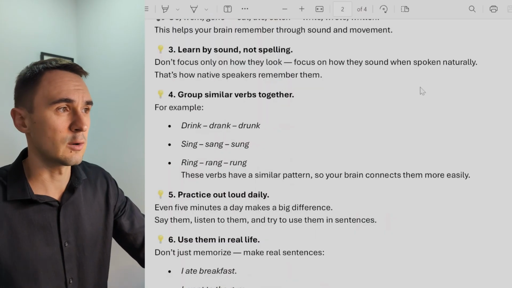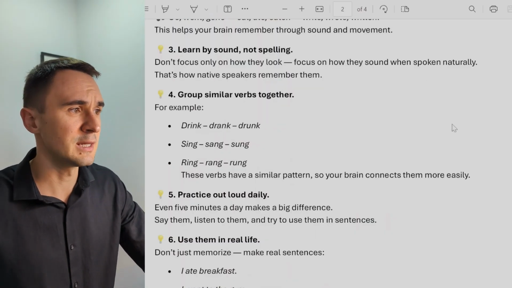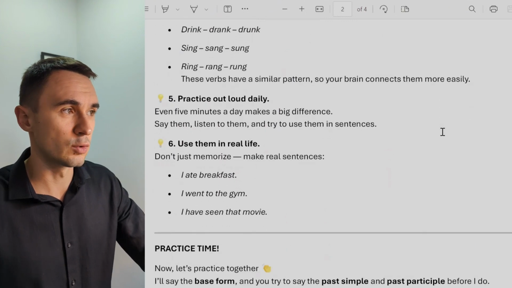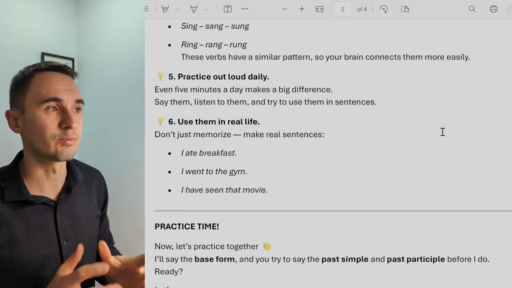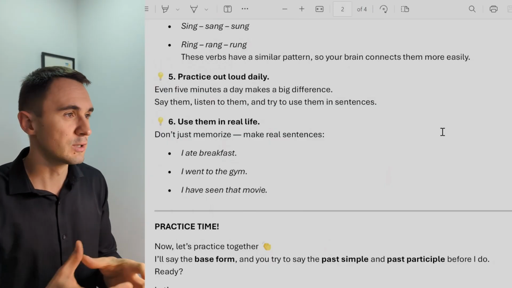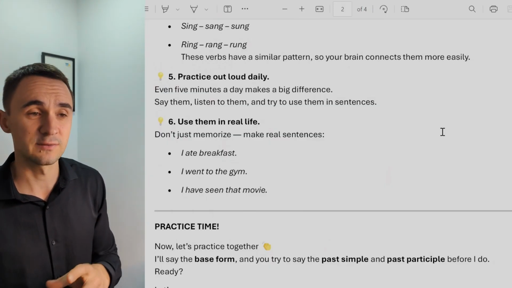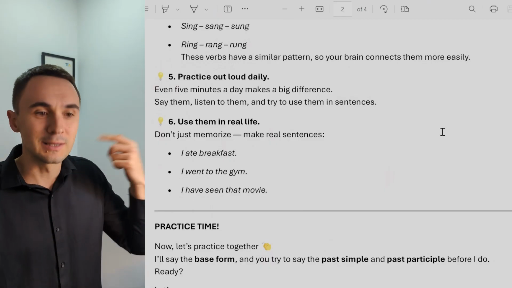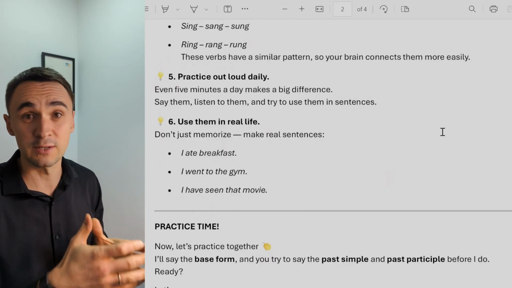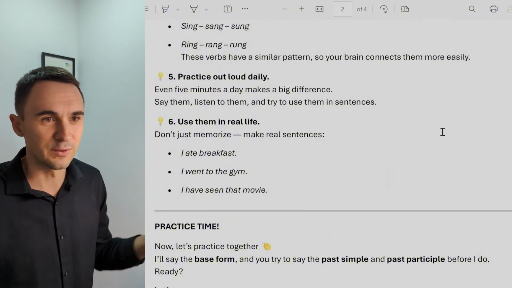Now let's come back to our main presentation, and of course, point number 5 would be to practice out loud daily. As I mentioned, you can prepare recordings for yourself, saying them out loud and listening to your own recording, but most importantly, don't just look at them and read them. You have to do things aloud.